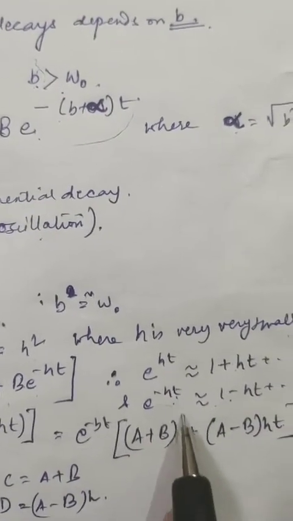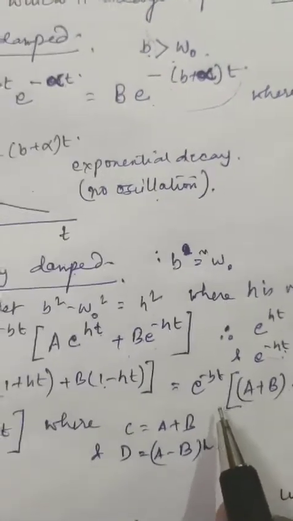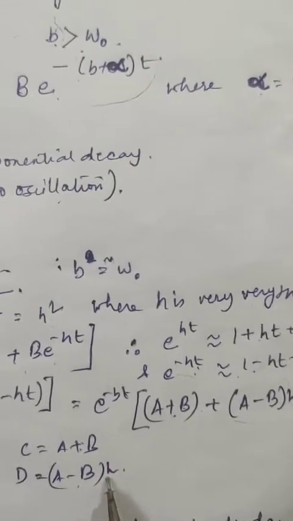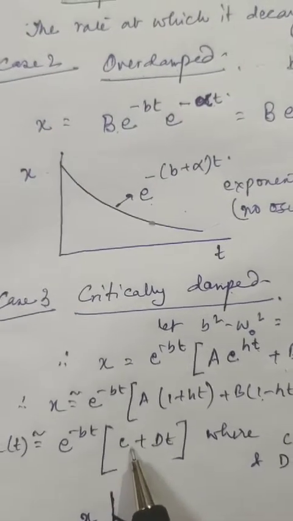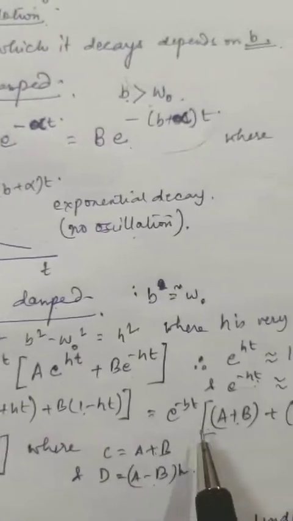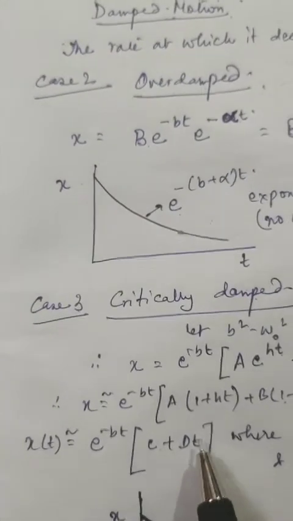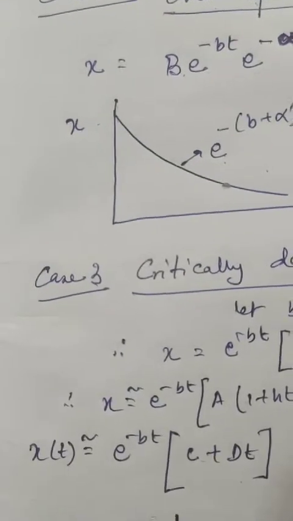Again, this is a constant and this is a constant, so I can replace a plus b by c, and a minus b times h by d. So I have e to the power of minus bt, times c plus dt. So this is the solution for critically damped oscillation.